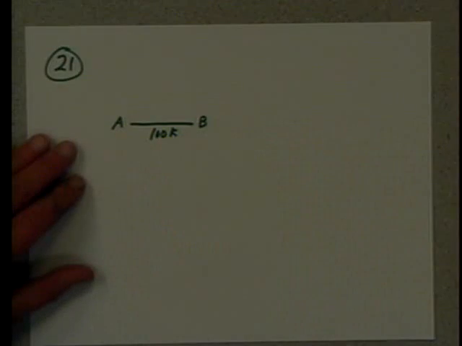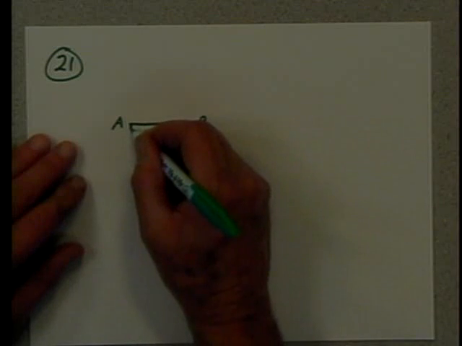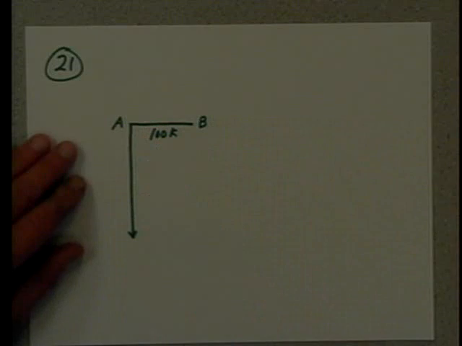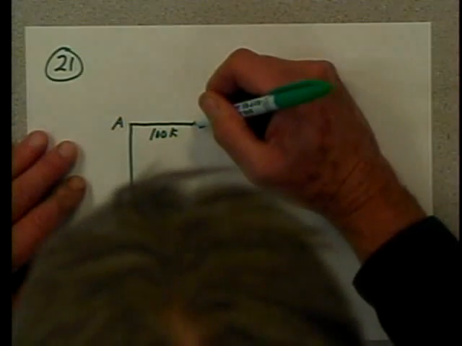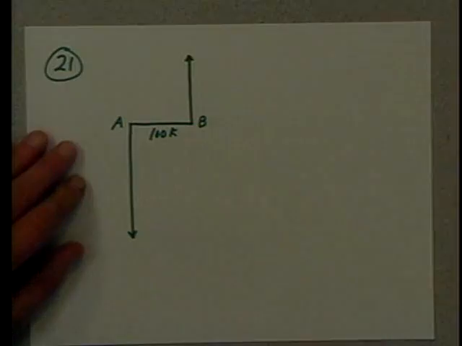Right? Now what's ship A doing? He's going straight south like this, right? And what's B doing? He's going straight north, like that.